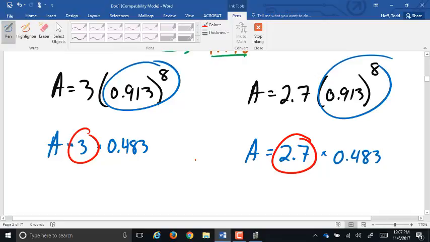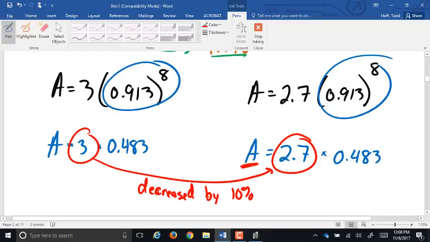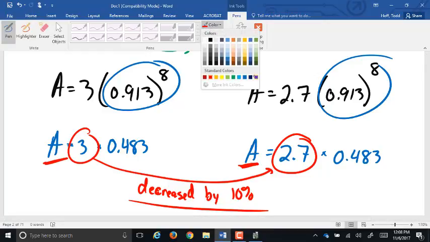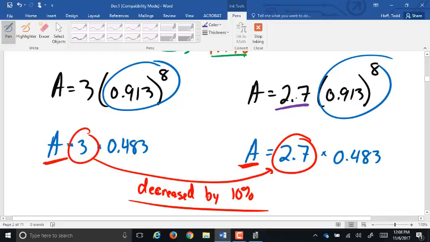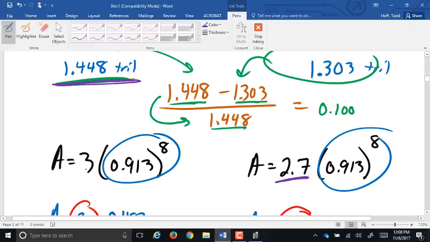And since that number has decreased by 10%, the balance will also decrease by 10%. If we doubled the starting amount, to 6 trillion instead of 3 trillion, the amount after 8 years is going to be double what we had here after 8 years. Does that make any sense?